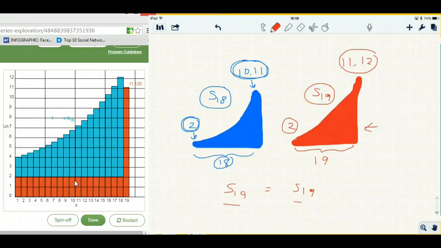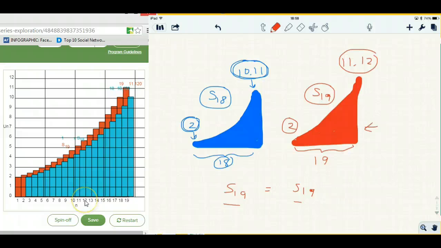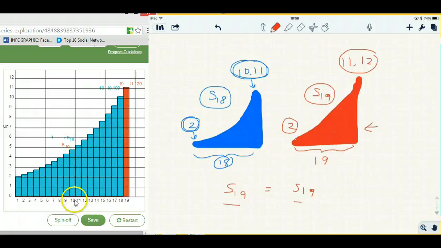Not only are they similarly shaped, if I put the blue curve on the x-axis also, and I slide it all the way to the left, you can see that it is exactly the same as the first 18 bars of the red curve. So it covers up the red curve perfectly, except for the last bar. So the last bar is still uncovered. So how could I express the area of the red curve using the blue curve?